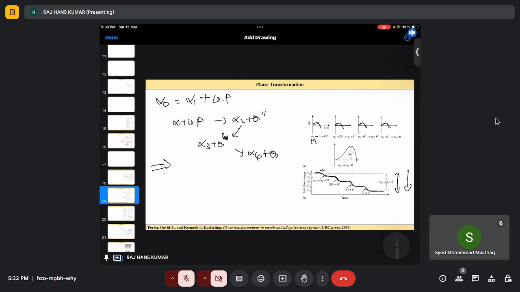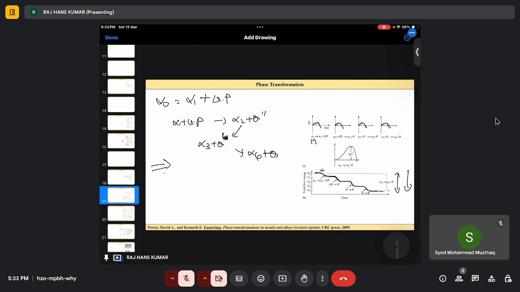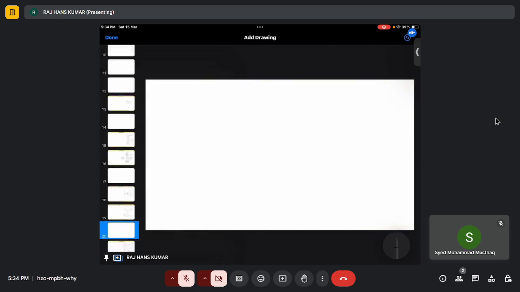We will come to this in a few minutes. Now, the next question is: why are we going to form these precipitates? Why go through so much trouble to form this type of precipitates?